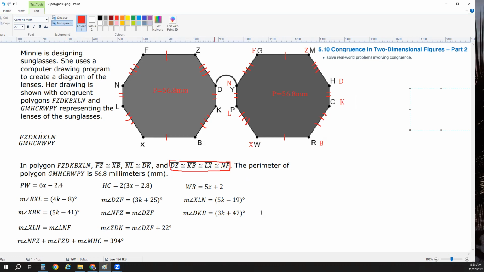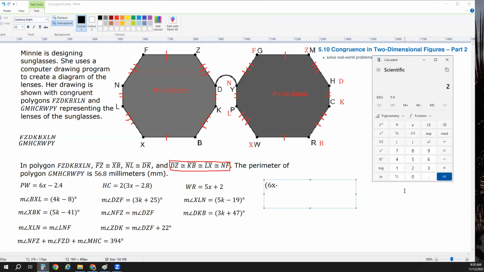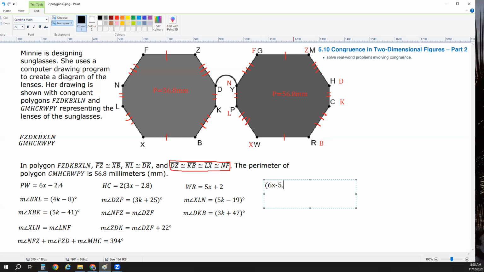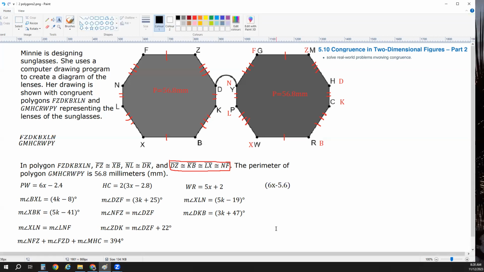Okay, cool. All right, so now let's look at if there's anything we can simplify down here. Yeah, I can simplify that. Distribute the 2. So this is going to become 6x minus 2.8 times 2. Let's see, 2.8 times 2 is 5.6, so minus 5.6. So I distributed: 2 times 3 is 6x, 2 times 2.8 is 5.6.